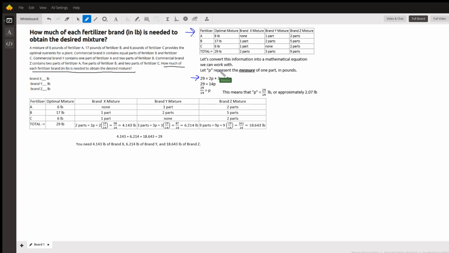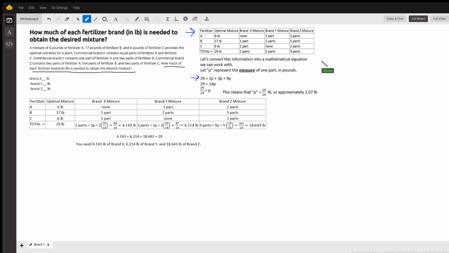It equals 2 parts of brand X mixture, which I got by adding 1 and 1. 3 parts of brand Y mixture, from adding 1 and 2, and 9 parts by adding 2, 5, and 2. All that information is translated into the equation: 2 parts plus 3 parts plus 9 parts from the 3 different brands. At the end of the day, those parts need to equal 29 pounds. Hopefully that is making sense.